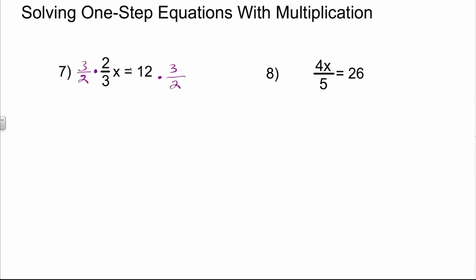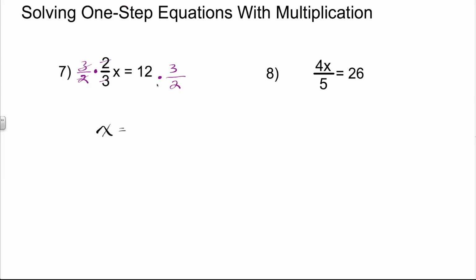Using the multiplication property of equality, I multiply both sides by the reciprocal of the fractional coefficient. The reason we choose to multiply by the reciprocal is because we can cancel or divide out all of the numbers on the left-hand side, leaving us with 1x, achieving our goal of having 1x.